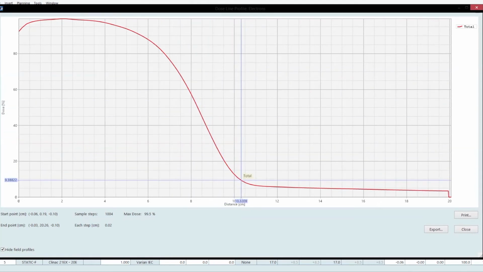So 20 divided by 2 gives me 10 centimeters, and then everything afterwards is going to be bremsstrahlung contamination, which you can see is at 4%. So with 20E, even after our clinical electron beam has been absorbed by the body and deposited its dose, I still have almost 5% of the dose remaining as bremsstrahlung contamination from the treatment head of the machine.